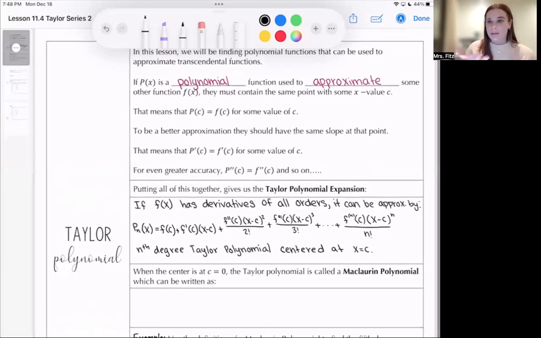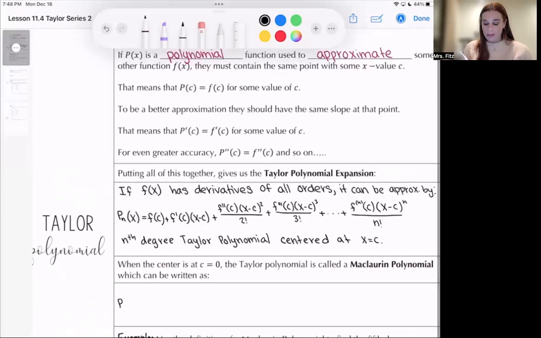So if we plug in 0 for c in all of these terms, we end up with an nth degree Maclaurin polynomial, which would be p sub n of x, which equals f of 0 plus f prime of 0 times x plus f double prime of 0 times x squared over 2 factorial plus f triple prime of 0 times x cubed over 3 factorial, right?